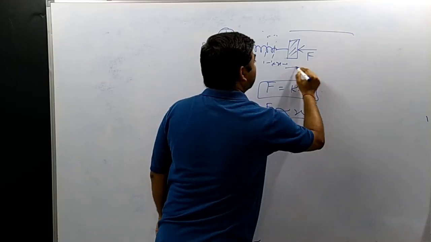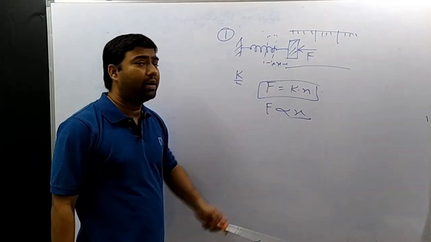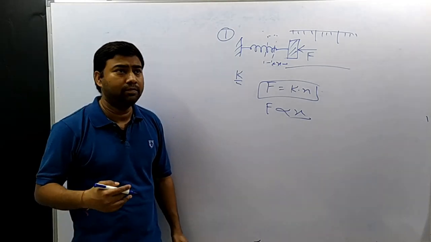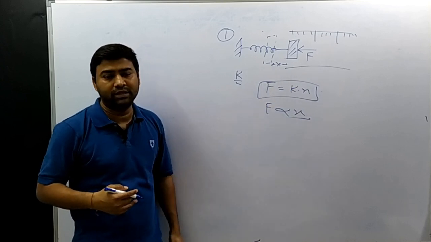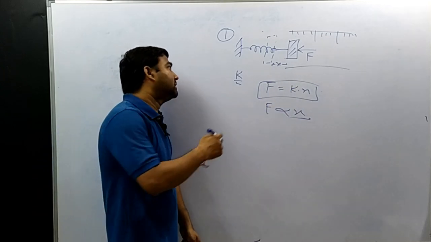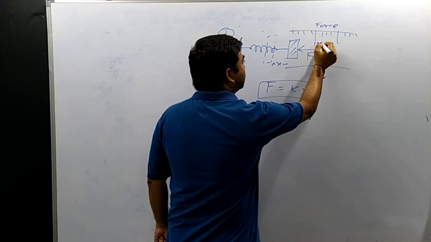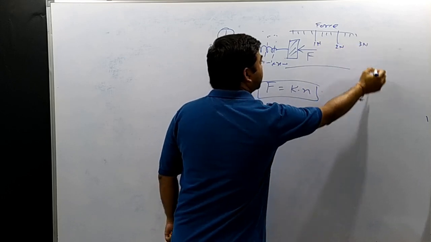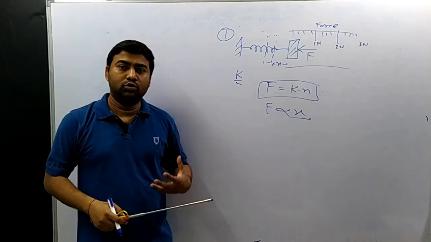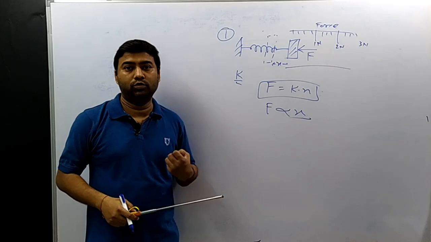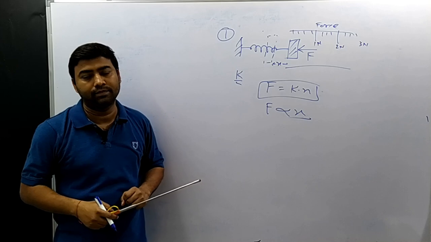So on this scale, these scales can be marked on this spring system, and these scales, which are nothing but displacement of spring, can directly be calibrated in terms of force. 1 Newton, 2 Newton, 3 Newton, etc. So with the help of a spring scale, you can find the amount of force being applied at one end of the spring.